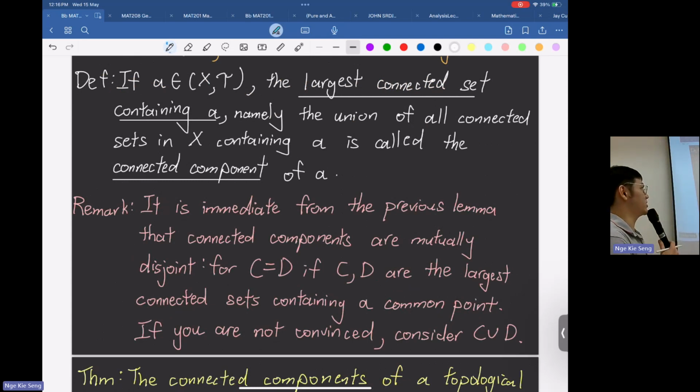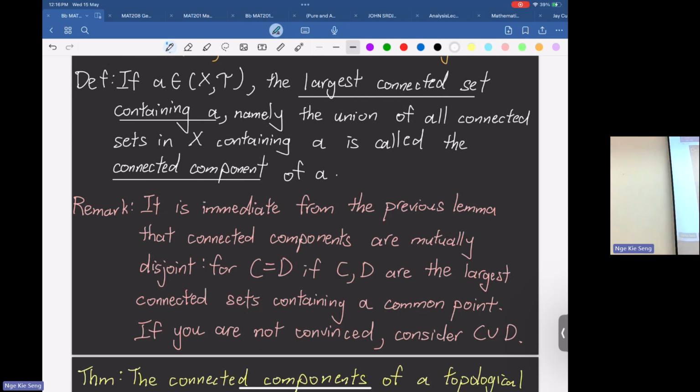What is the connected component? It is the largest connected set containing A. What does largest mean here? It is defined to be the union of all connected sets in X that contain A. This construction is similar to how you proved the assignment question.